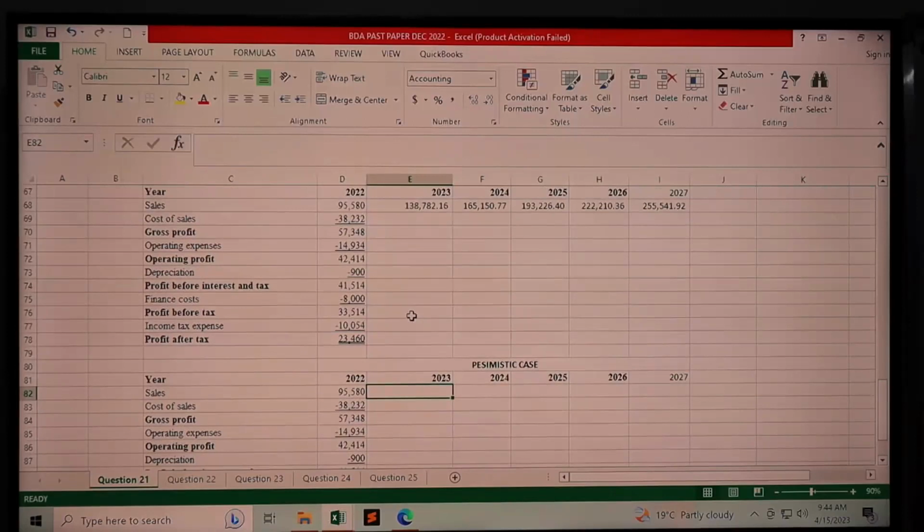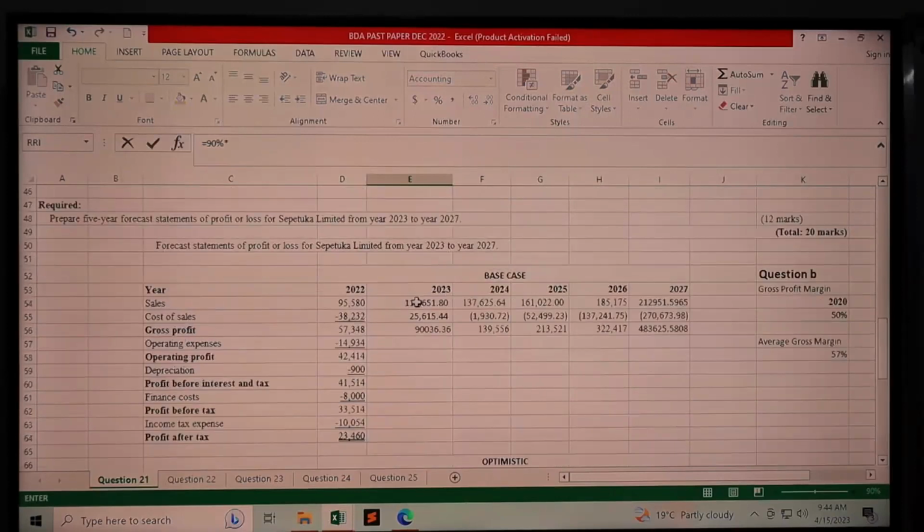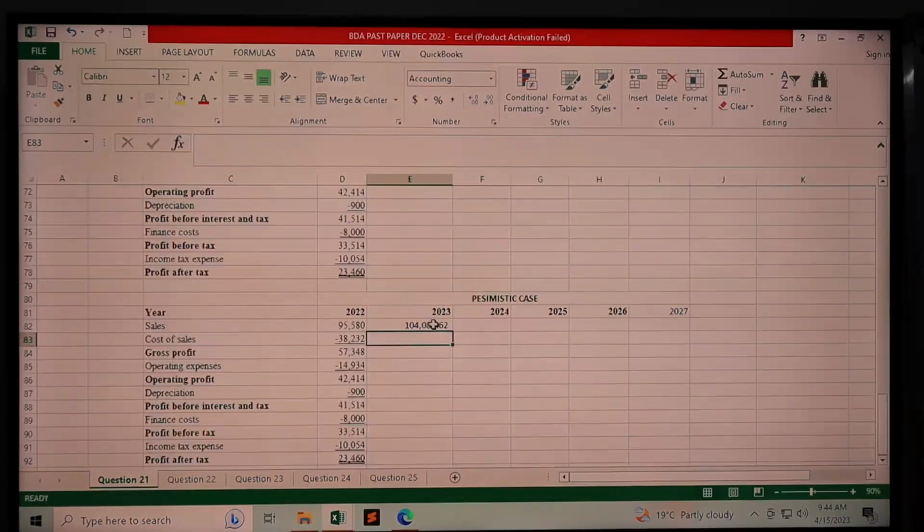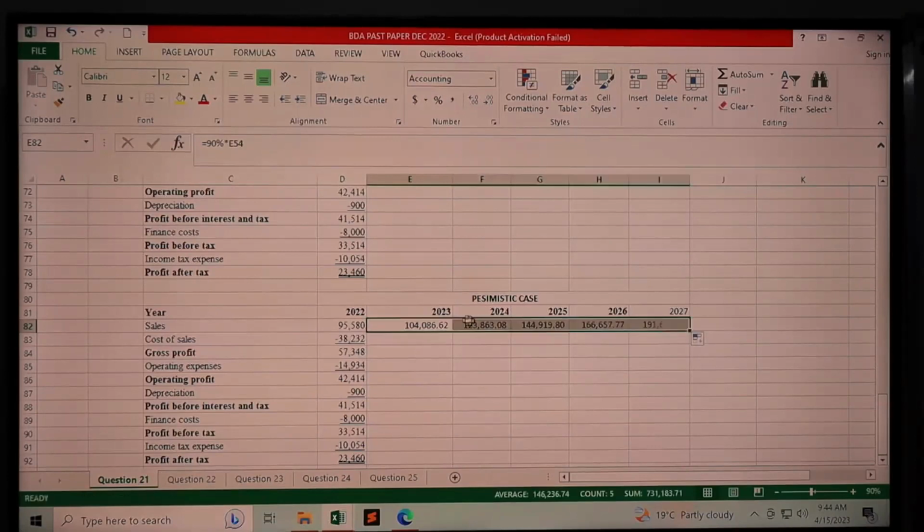So you can say equals to 90% of the base. The base was here, and it will give us that specific amount. From here, you copy across to get the sales for that. So that is how you're supposed to compute.